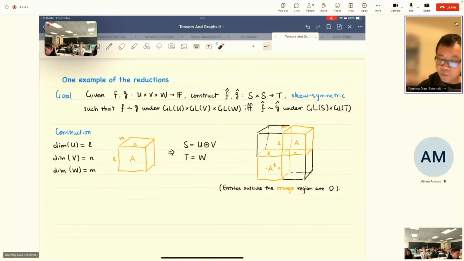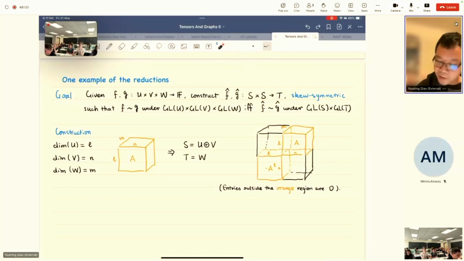So then we will say that such a gadget will be useful if you want to reduce tensor isomorphism, right? U cross V cross W to F, to skew-symmetric bilinear maps at most level.